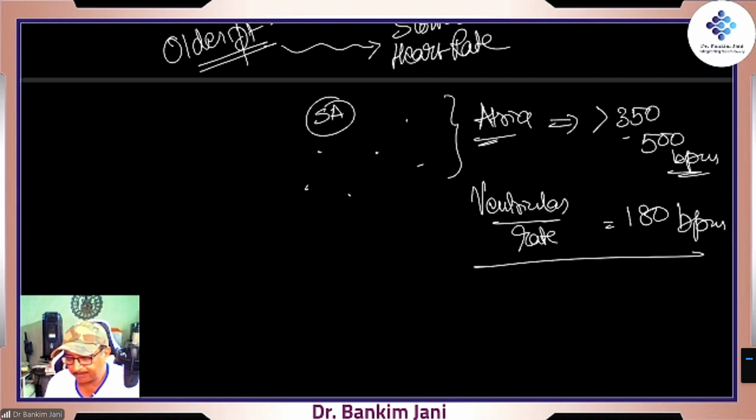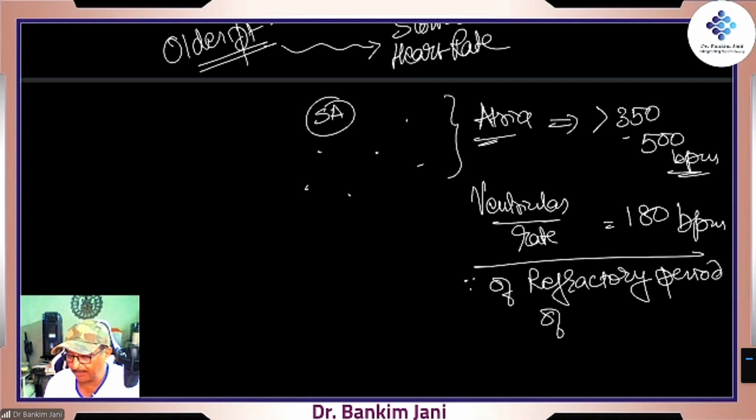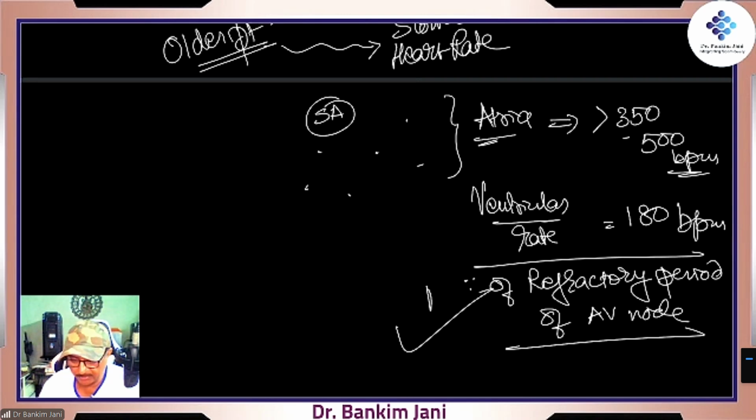And why is this? Because of the refractory period. Refractory period of whom? The refractory period of the AV node. This can be a question. Make sense? So why is the atrium at 500 and the ventricle at 100?